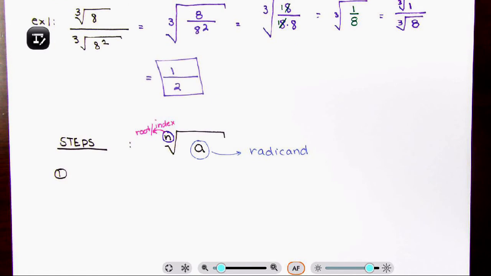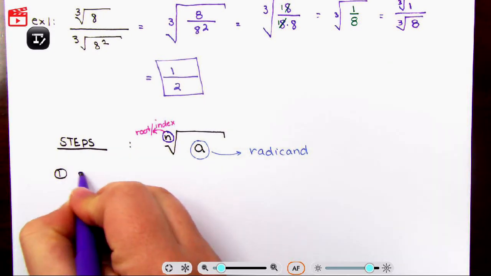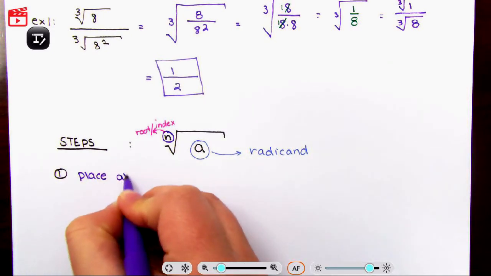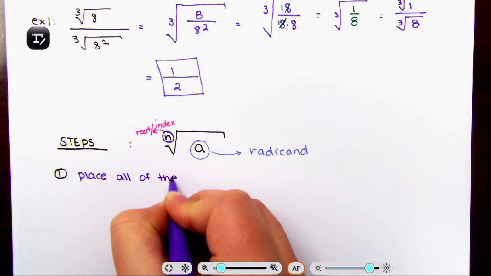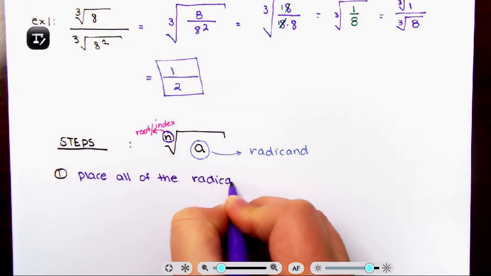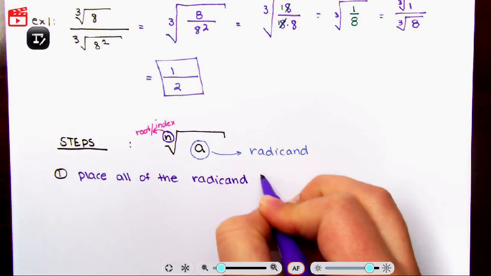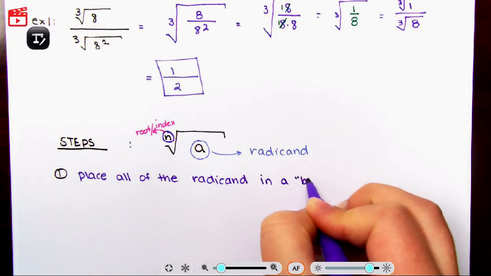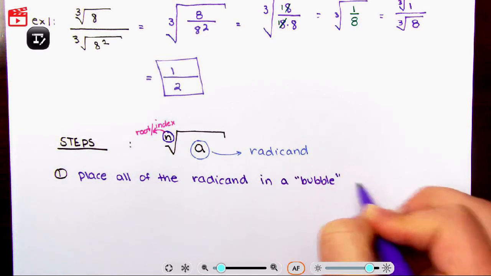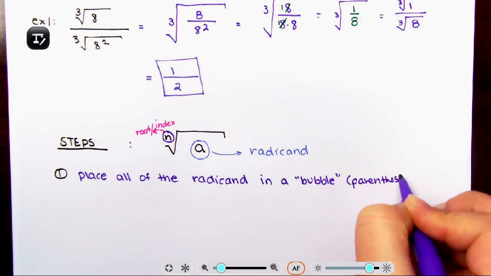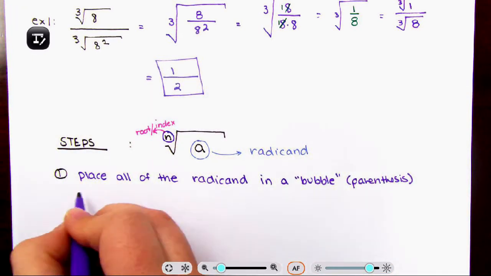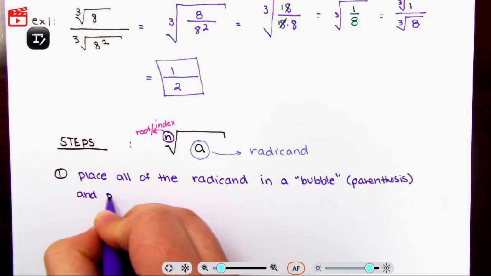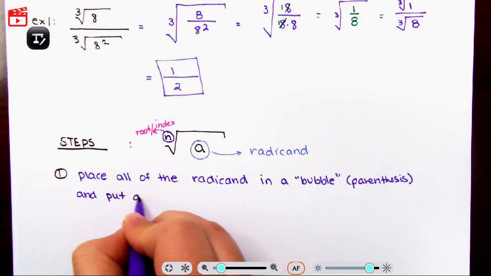So for step number 1, whenever you see a root, a square root, a cube root, a fifth root, you're going to place all of the radicand in a bubble. Again, those are actually parentheses. And then you're going to place an exponent of 1 on it.